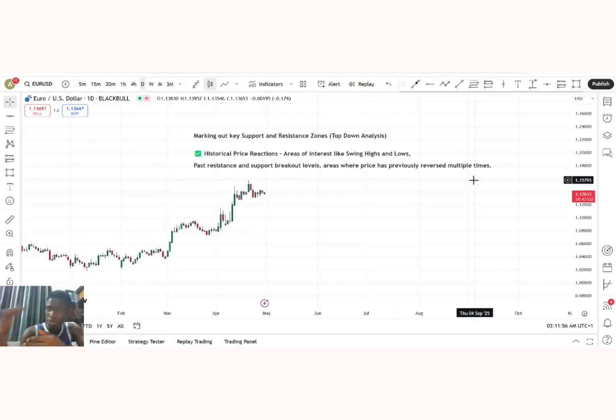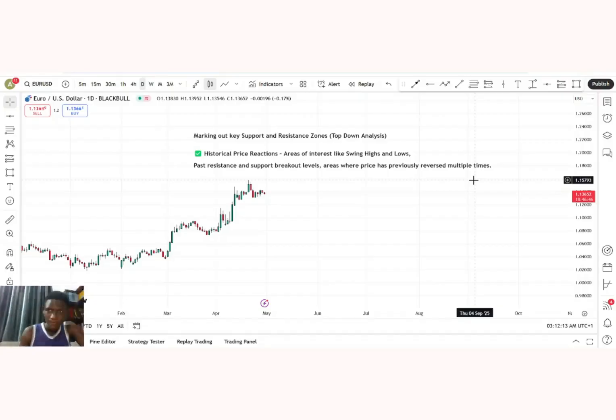So we can call that level a resistance level because it is preventing price from going higher, right? And then the support level is a base level. When we are talking about support, we are trying to catch a selling market.